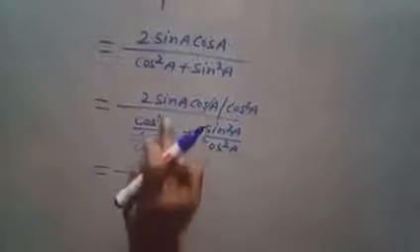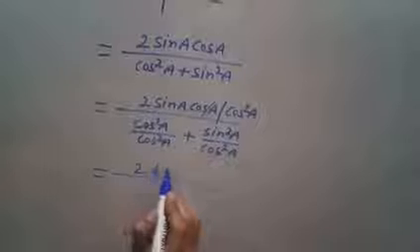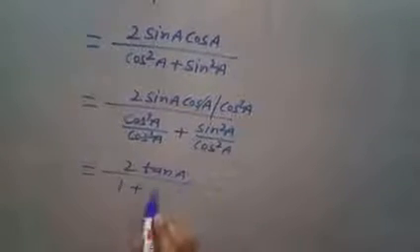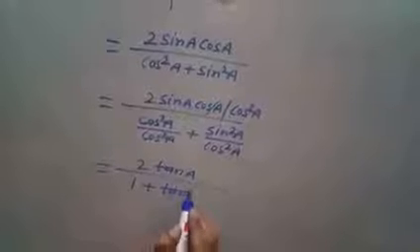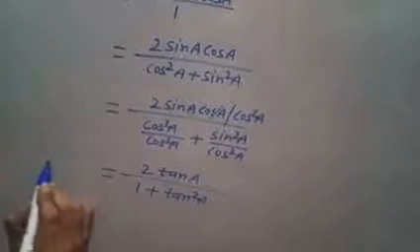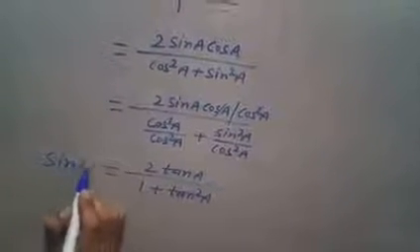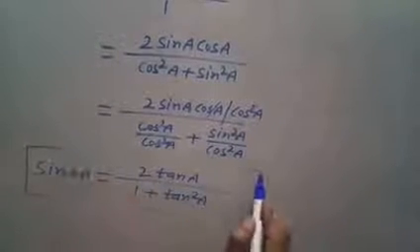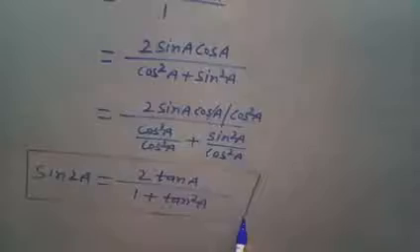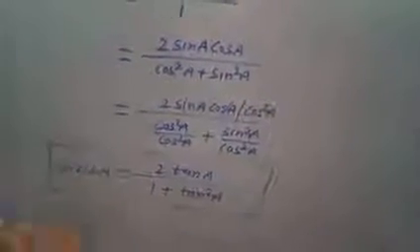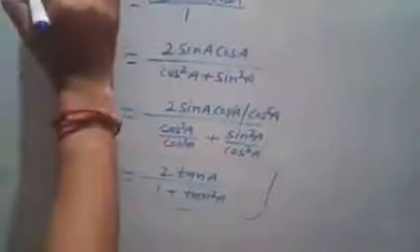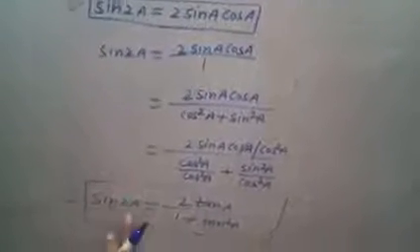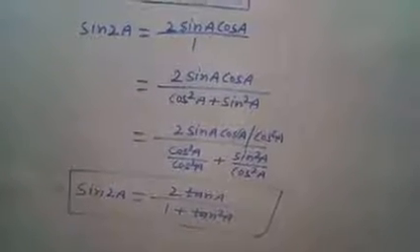Here sin A upon cos A is tan A, and here is 1, so tan square A. The two formulae of sin 2A: first, sin 2A is equal to 2 sin A cos A, and second, sin 2A is equal to 2 tan A upon 1 plus tan square A.